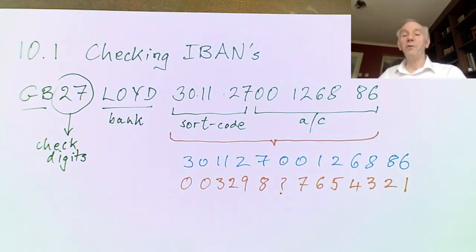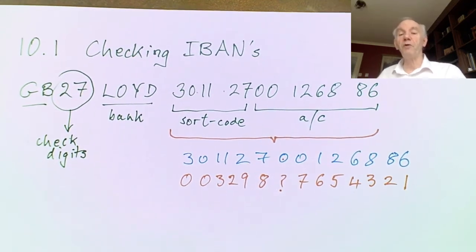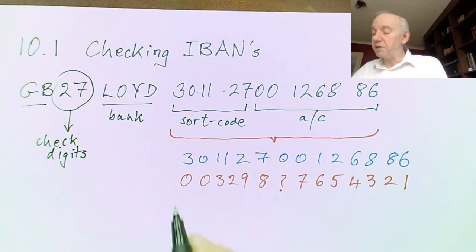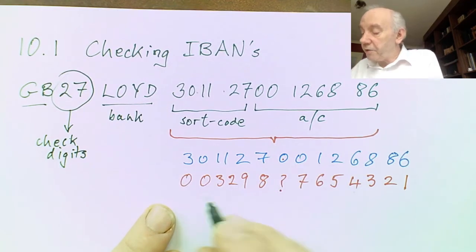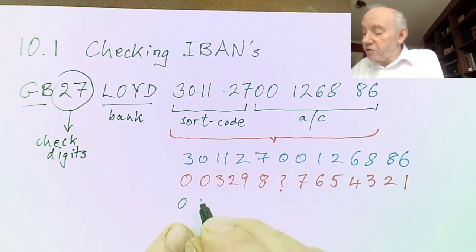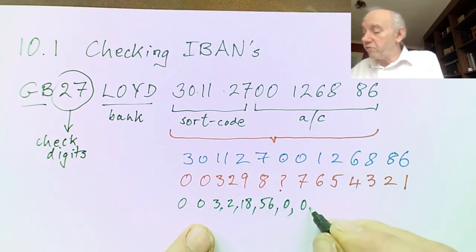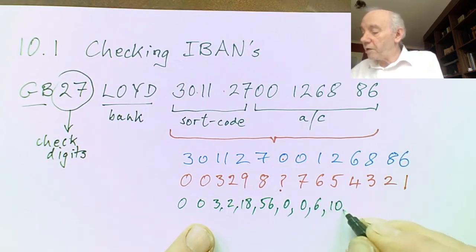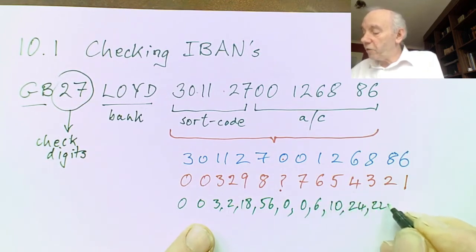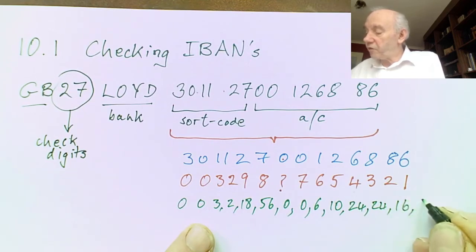And in the notes, there's such a sequence of consecutive integers used in the ISBN 10 system. Then you multiply these weights with the account numbers, and then you can add everything up. So 3 times 0 is 0, 3, 2, 18, 56, 0, 0, 6, 10, 24, 24, 16, 6.